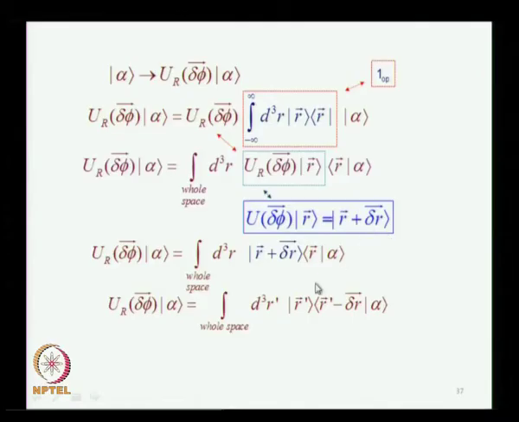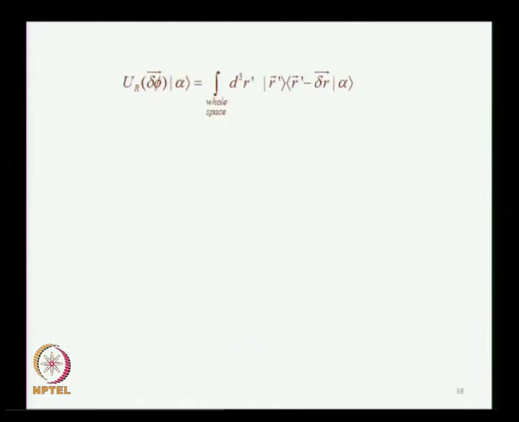So what it means is that this function r alpha, this one, right, will be written as the position representation of alpha, but the argument will be r prime minus delta r. Is it clear, everybody? So I bring it to the top of the next slide here.